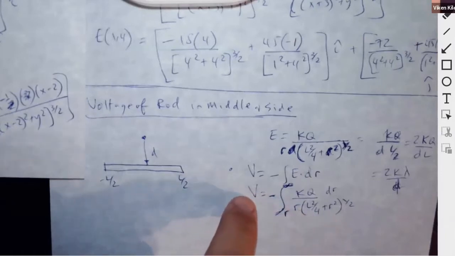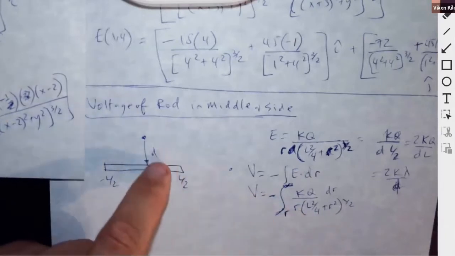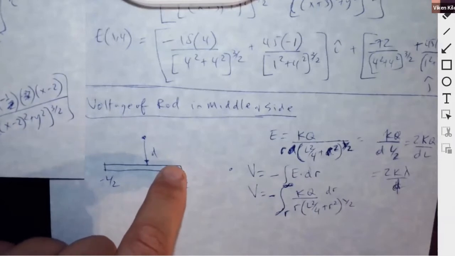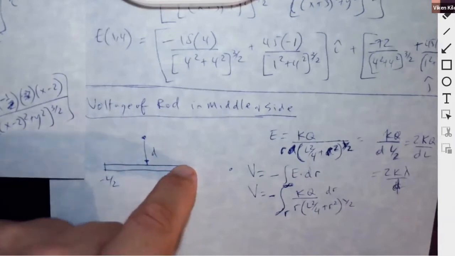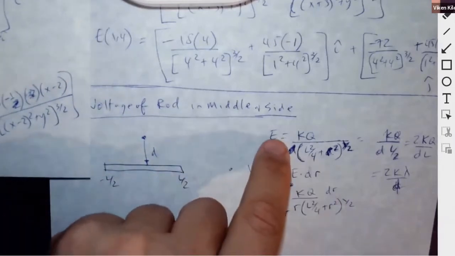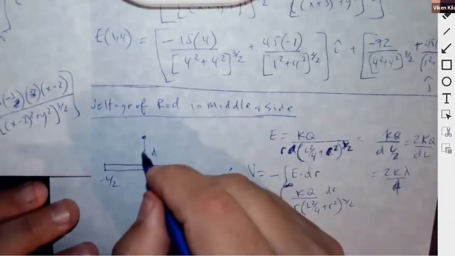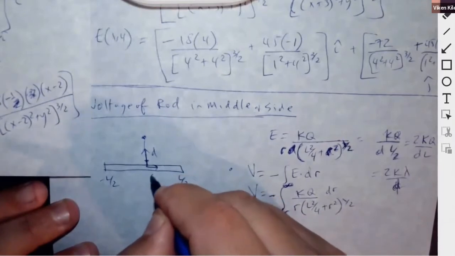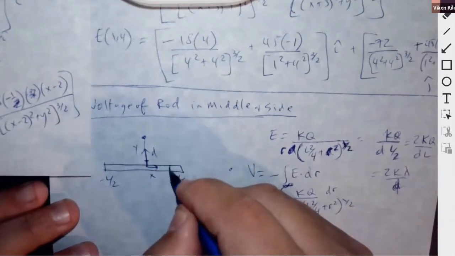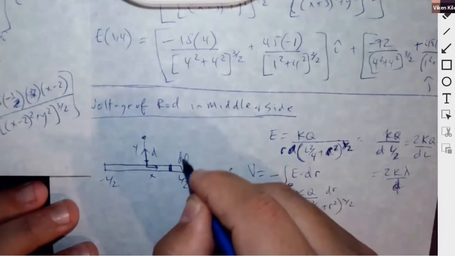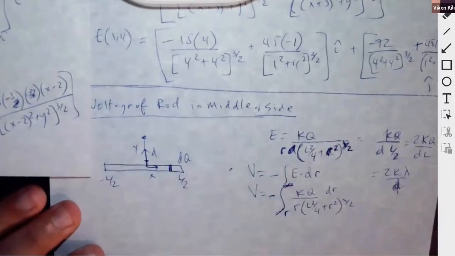Then the better approach would be to calculate the voltage for the rod just like I would the electric field, right? Take a piece from here, dq, right? But with voltage, you don't have to use symmetry.